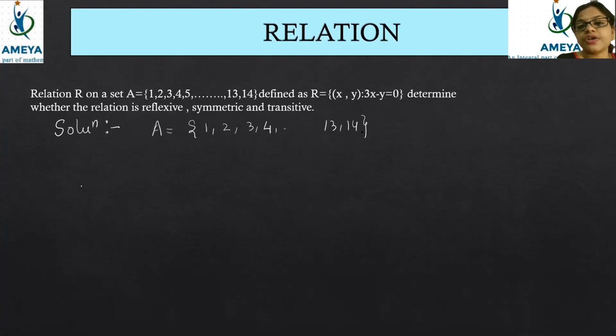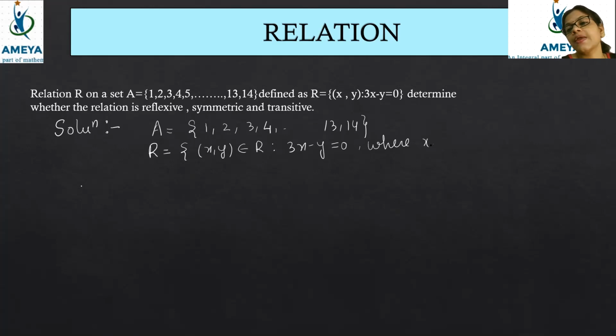Now it is very important to see what relation is given. Relation R is given as (x, y) belonging to R such that 3x minus y is equal to 0, where (x, y) belongs to A. That means you have to put values of x and y from A so that it makes 3x minus y equal to 0.